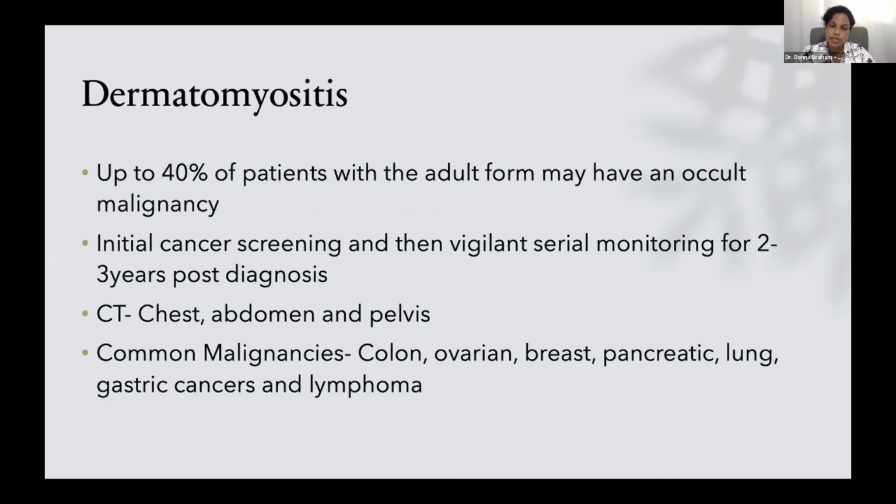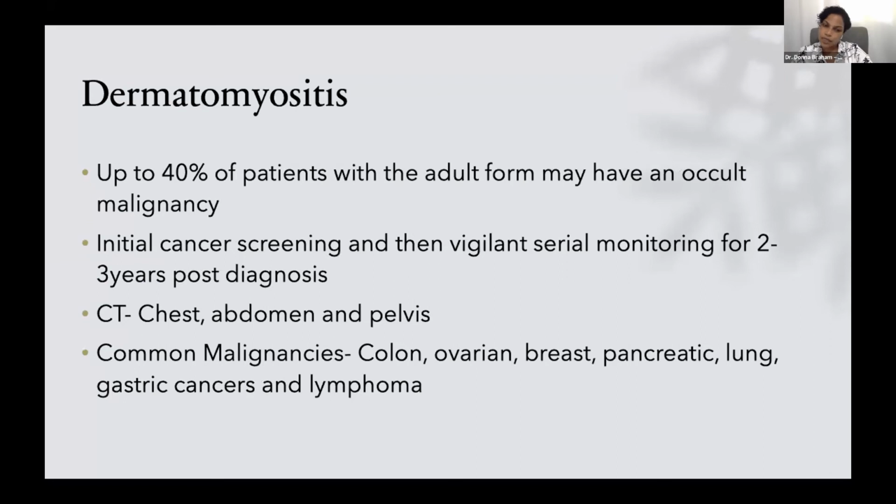Up to 40% of patients with the adult form may have an occult malignancy. Initial cancer screening and then vigilant serial monitoring for 2 to 3 years post-diagnosis is extremely important, as the dermatomyositis may actually precede the malignancy being found.